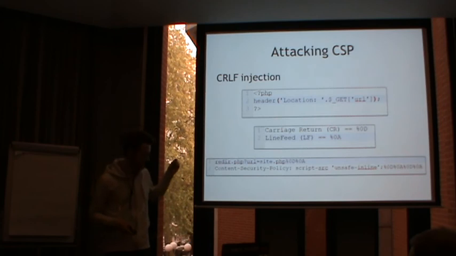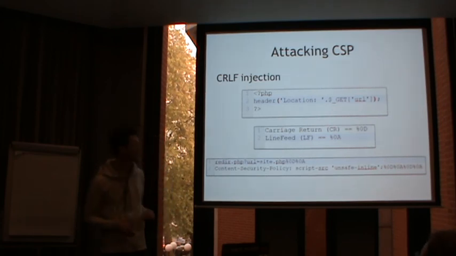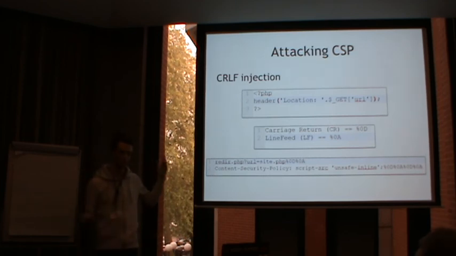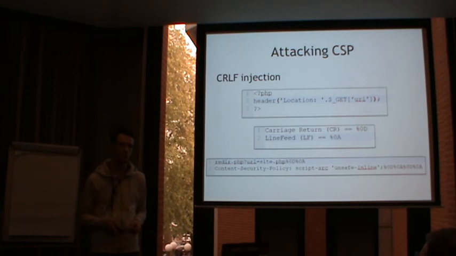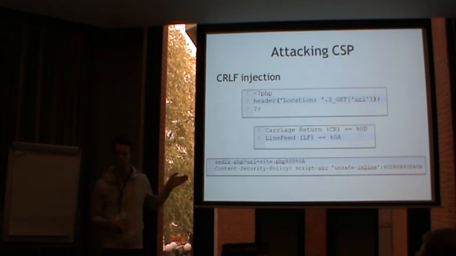So it still works, but aside from PHP having that vulnerability fixed, it's still an uncommon vulnerability. This is just an example which has been fixed in the meantime. But there are still CRLF injection vulnerabilities out there, and if you stumble across one and there is a CSP in place, you could use this kind of attack to bypass CSP.